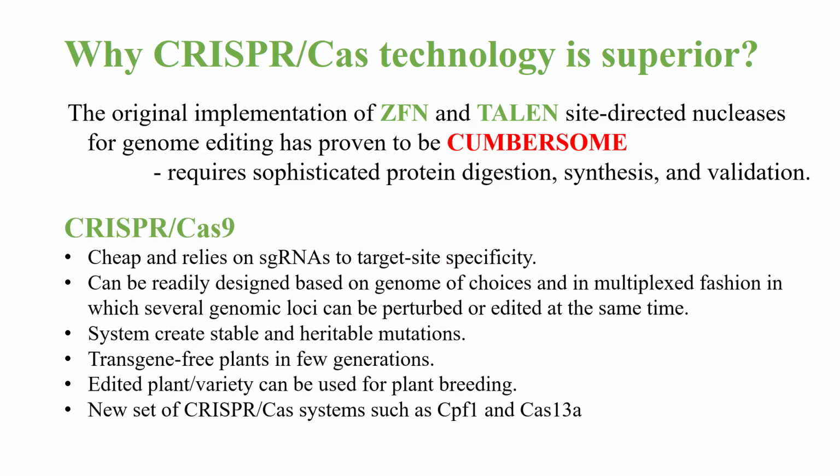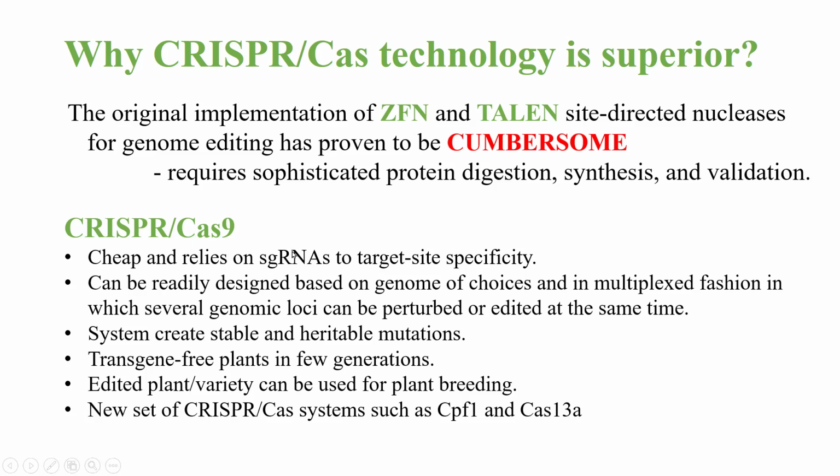On the other hand, CRISPR-Cas9, there are many enzymes, and Cas9 is very popular. CRISPR-Cas9 or other CRISPR-Cas systems are cheap and rely on a single guide RNA.